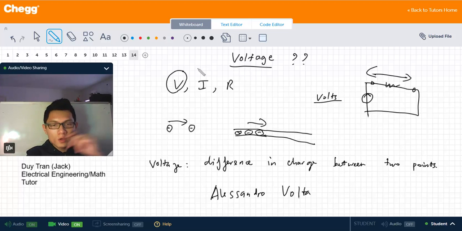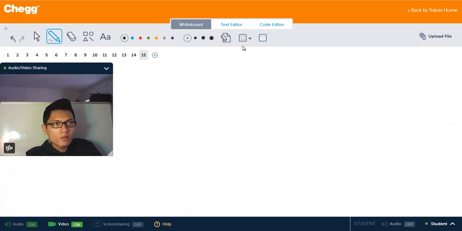Okay, so usually the reason that we study the voltage and its behavior is because we want to use the voltage to calculate the current or the resistance of a circuit by using Ohm's law, the famous Ohm's law V equals IR.